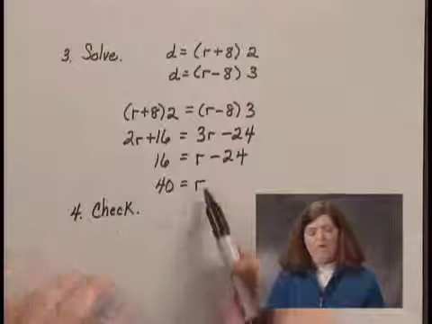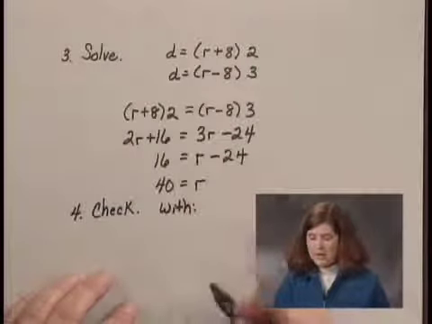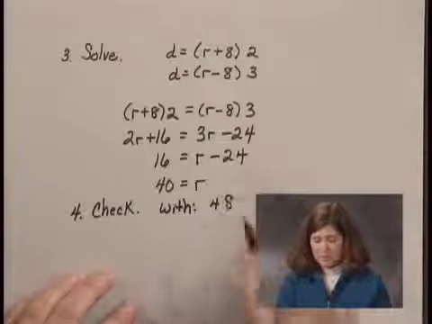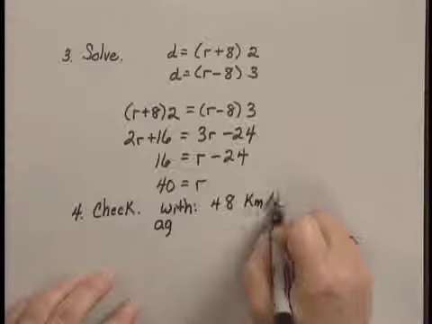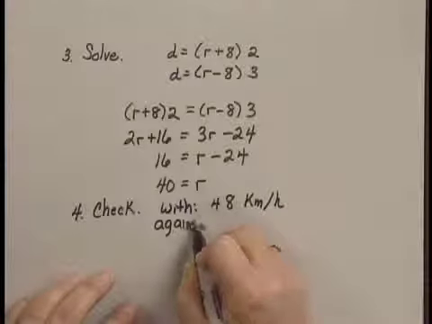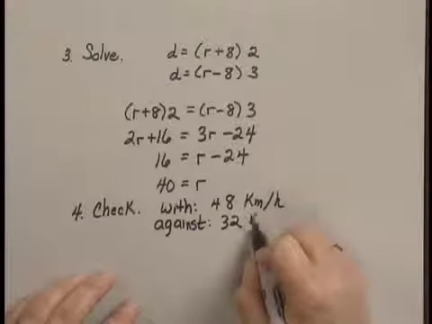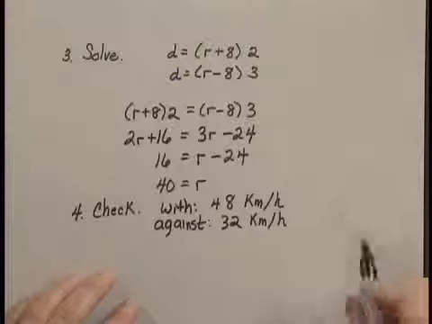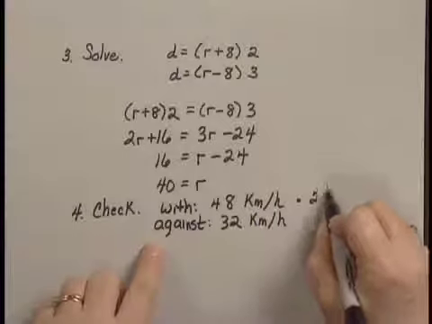Now when R is 40, the speed with the current would be 48 kilometers per hour. The speed against the current would then be 40 minus 8, or 32 kilometers per hour. The time with the current was 2 hours.